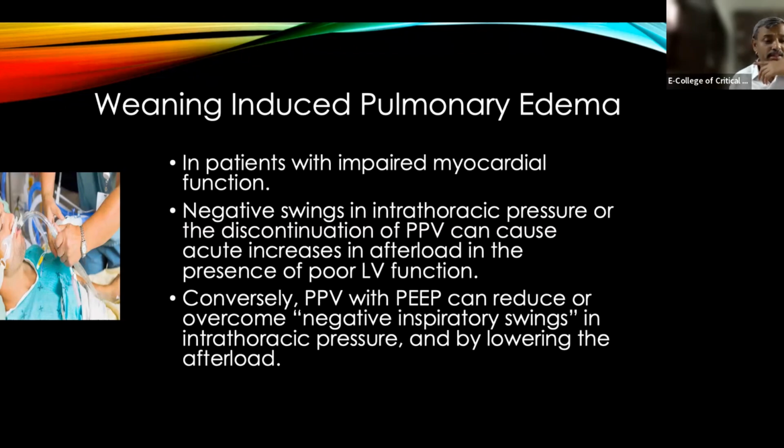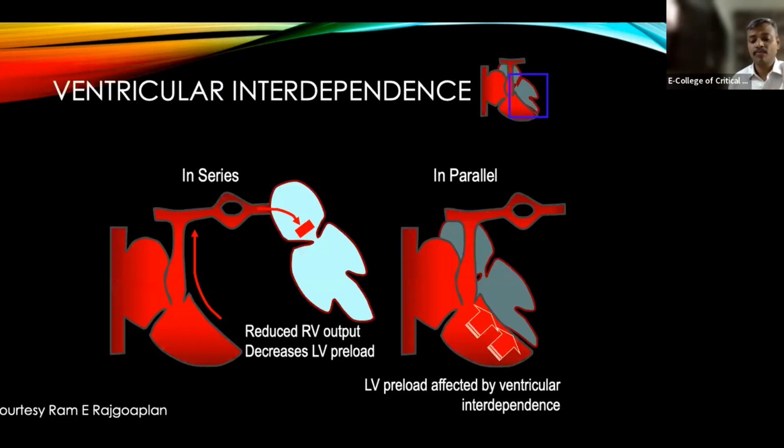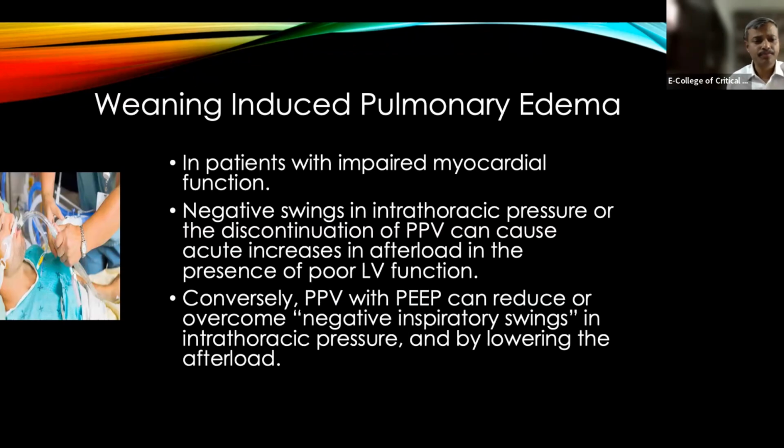That is very important. This is what I am talking about when the patient is to be extubated in case of pulmonary edema. When there is acute cardiogenic pulmonary edema, always extubate to NIV BiPAP with some amount of PEEP. BiPAP means IPAP and EPAP, and some amount of EPAP is nothing but PEEP here.